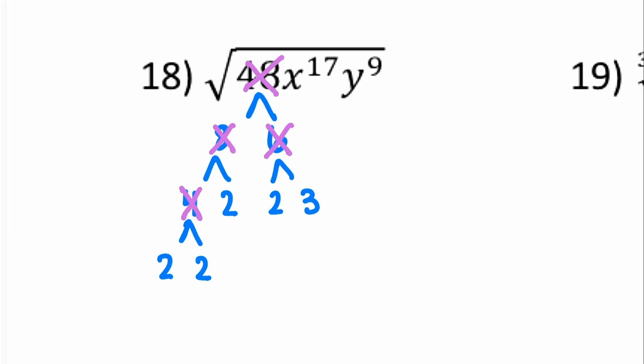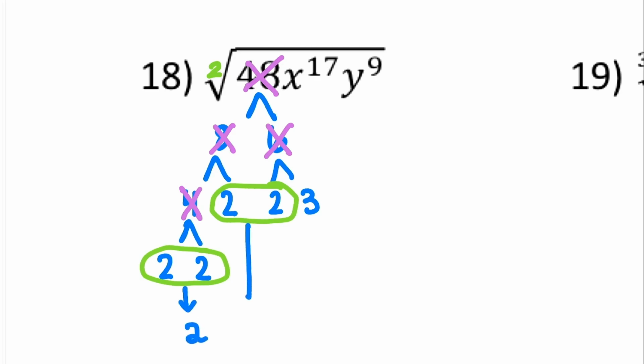What we're looking for, since the index out here is a 2, we're going to find pairs of numbers that simplify. Since we have two pairs of 2's, this is how the number portion of our radical is going to simplify. 2 times 2, and this guy is all alone, so it's going to be inside the radical, 3.